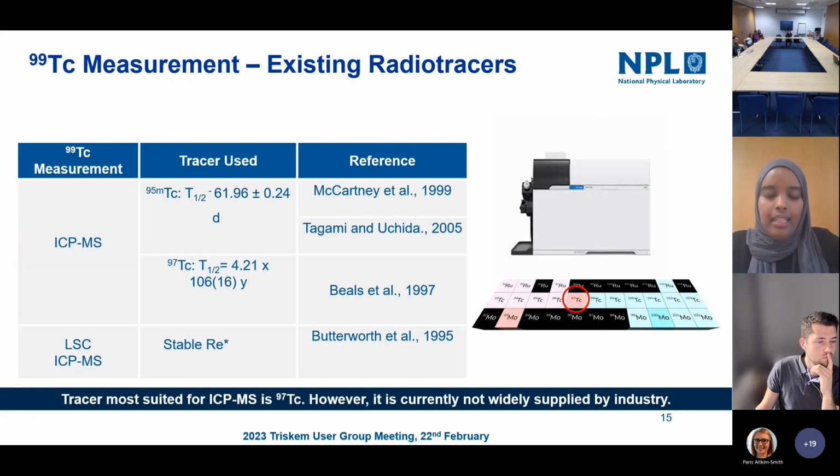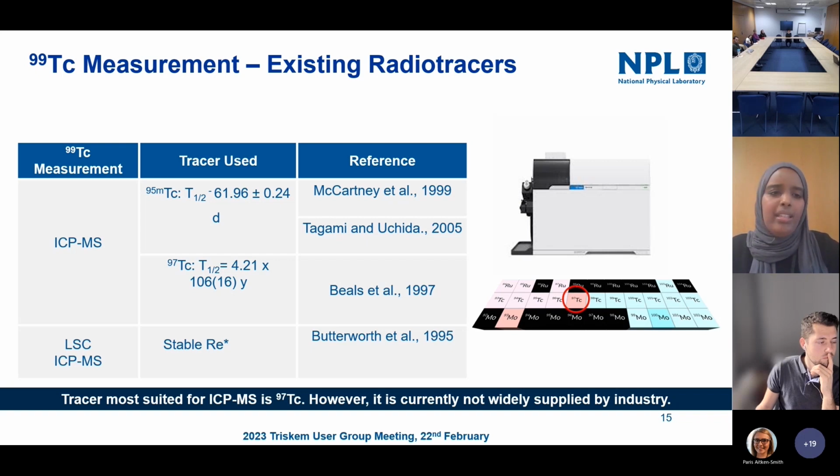So, like I said, technetium-99 is increasingly being measured by ICP-MS, but there isn't a tracer that's well suited for mass spec that's currently available. If we look at what's been reported in the literature, the ones that have been reported are mainly really short-lived tech nuclides, and stable rhenium is the other that is typically used.